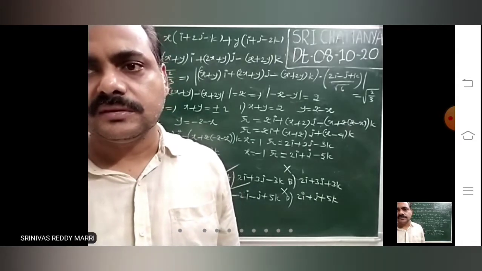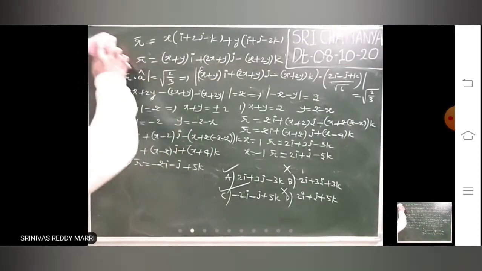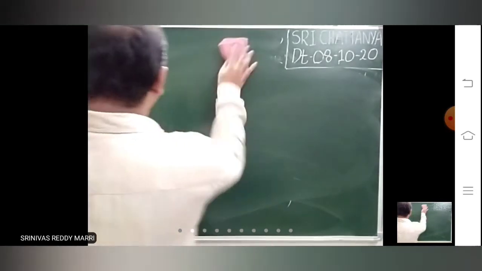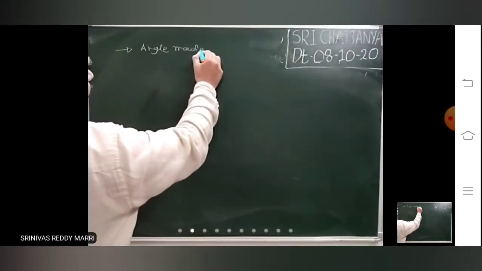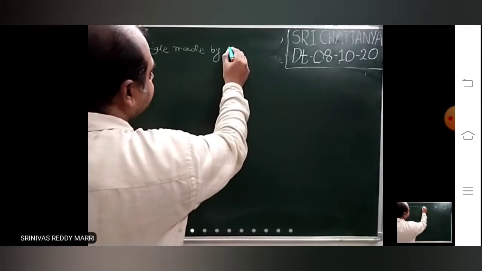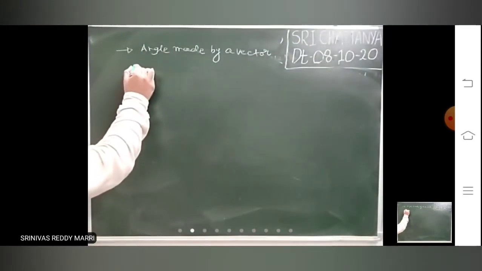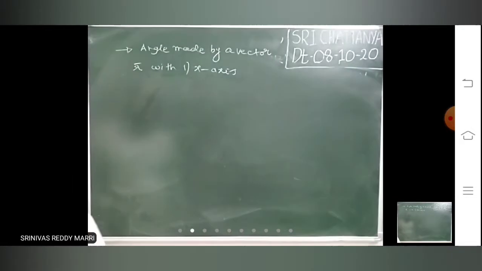Look at next. Look at angle made. Angle made by a vector r bar with x-axis.